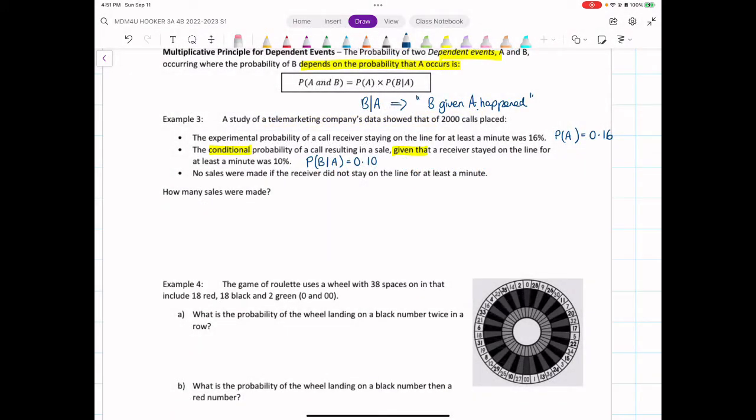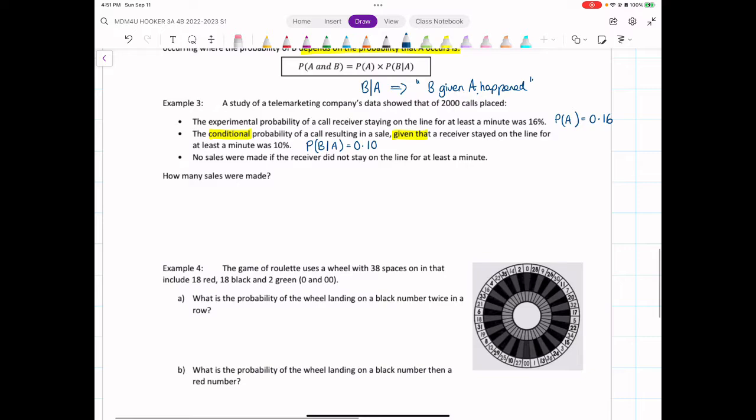Okay, so how many sales were made? What is the probability, therefore, of A and B? In other words, the caller stayed on the line for at least a minute and a sale was made. Then we need to look at this.